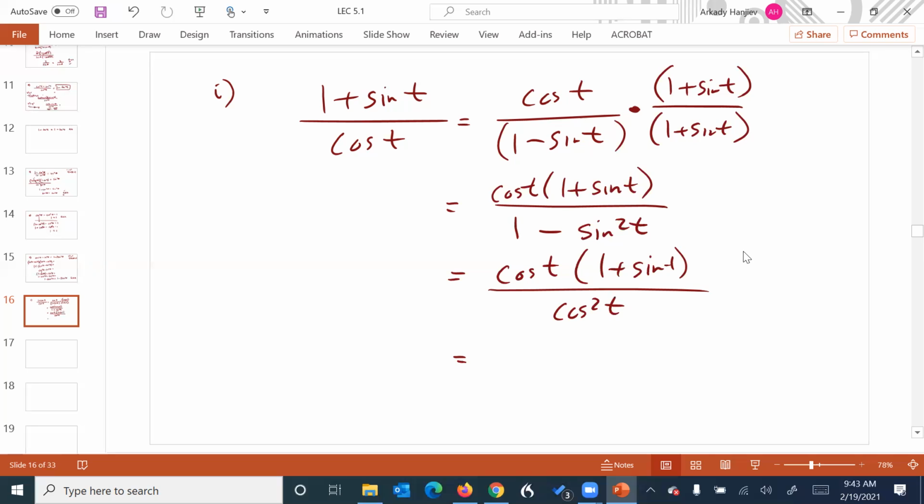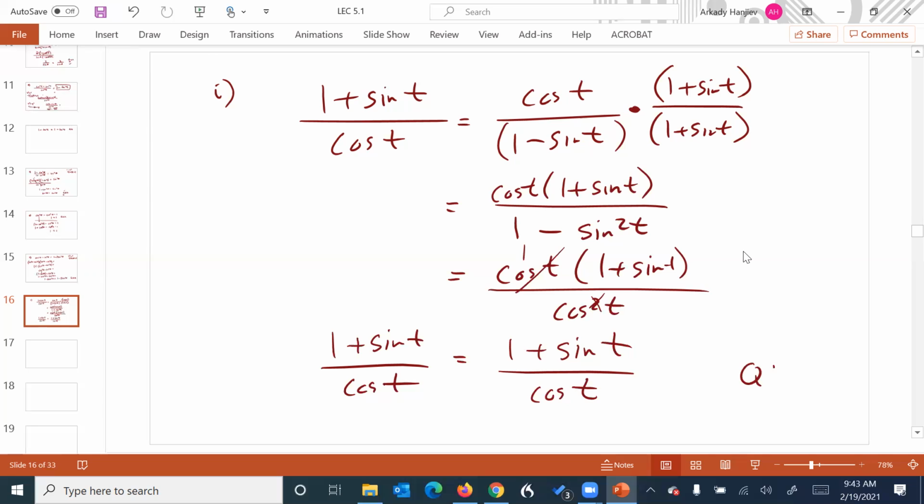All right, then I think I have a simplification, is that right? The cosine squared t crosses off with one of those, and I like that. That's cool. I think I have that. Is that right? Yep, which matches the other side now. And there it is. There's the other little method. It's called multiplication by 1.